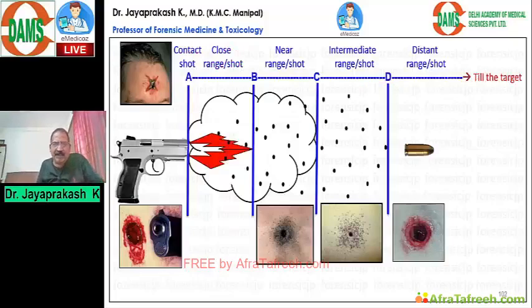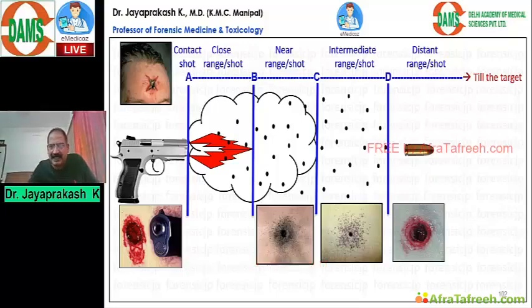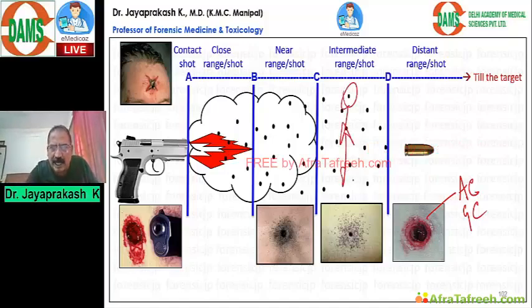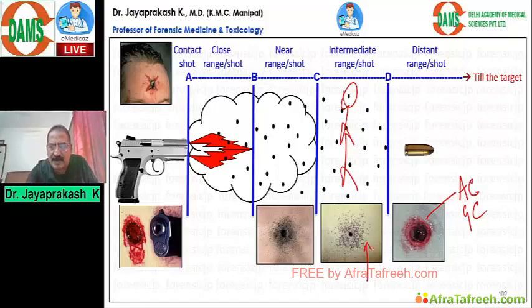Now, this I just show you various ranges. If the person is at distant range, you can see only abrasion collar and grease collar and wound of entry. In case of intermediate range, in addition to abrasion collar and grease collar and wound of entry, there is tattooing, as you see.